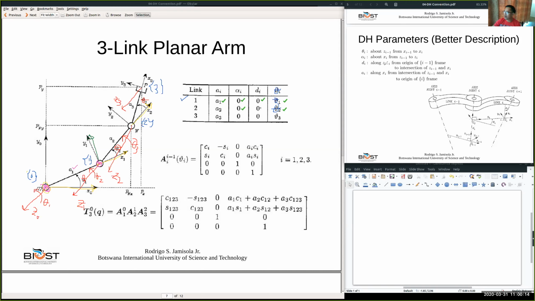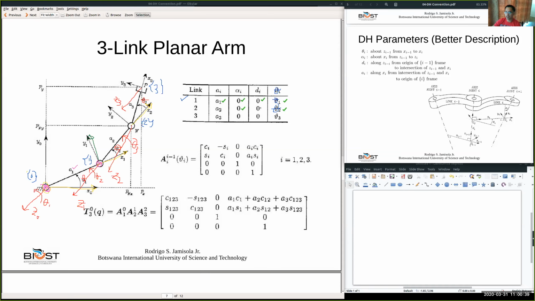From origin along Z1, origin of frame 1. Okay, this is along Z1, origin of frame 1. That's the 1. From origin of frame 1 to intersection of Z1 and X2. So where is X2? This is X2 intersection with Z1.